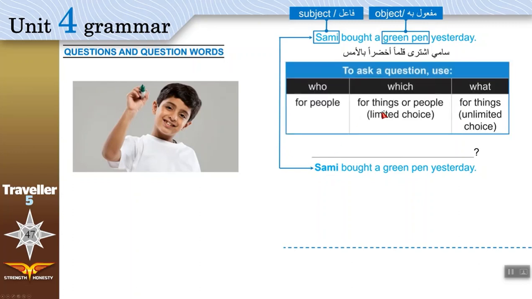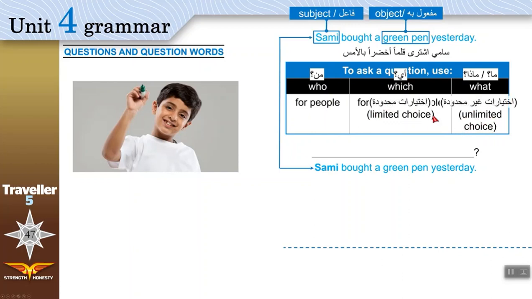Sammy. To ask the question, we will use question words like who, to ask about people. Also which, which is used for things or people if we have limited choice. What is only used for things, not people, if the choice is unlimited.